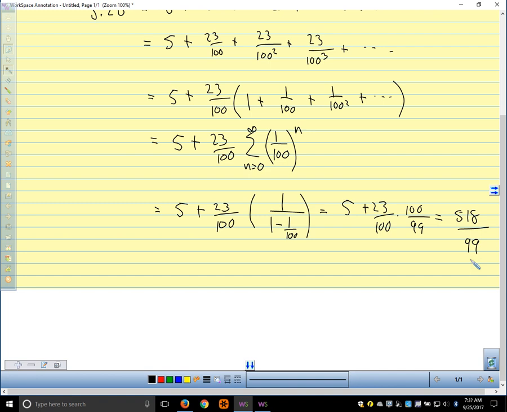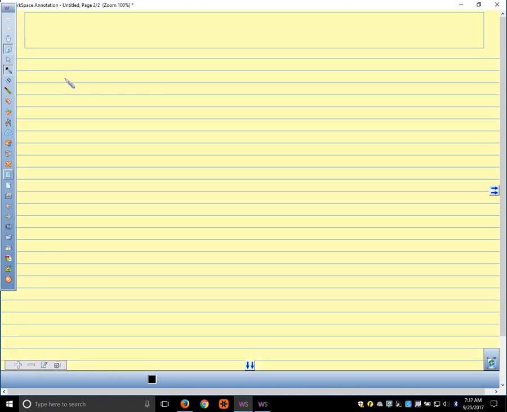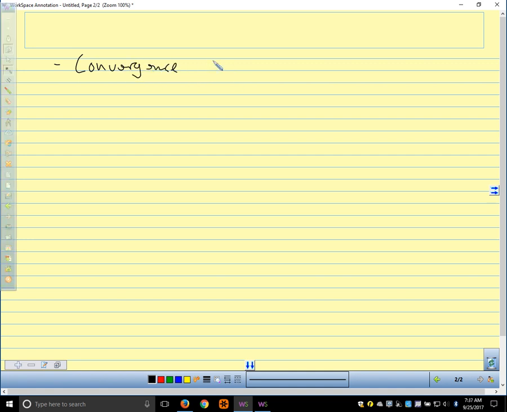All right, let me make a quick note here, and we'll talk about this more as we move forward. The convergence of a series is not affected if we delete a finite number of terms from the beginning.